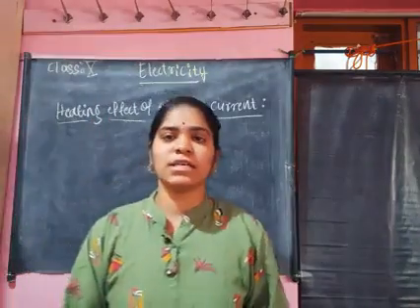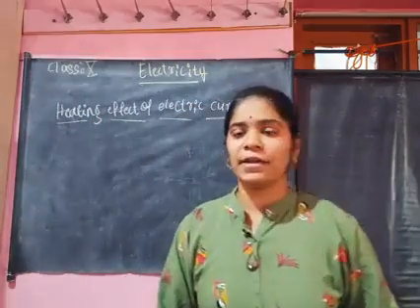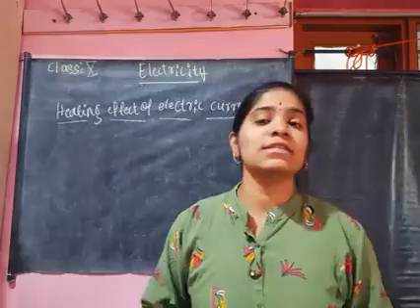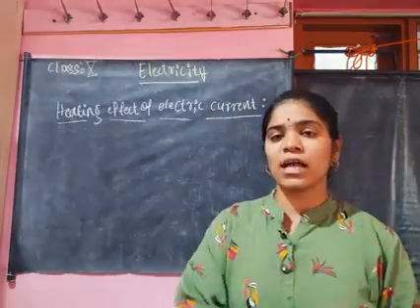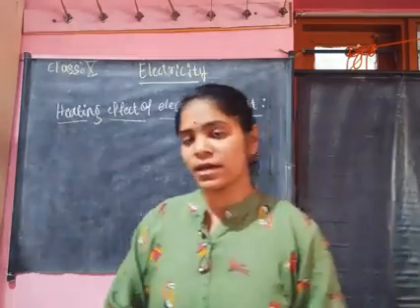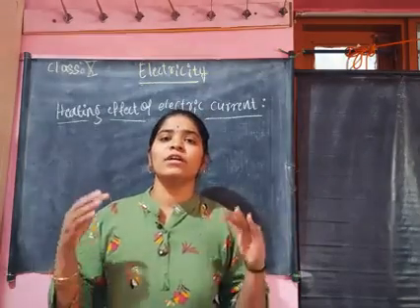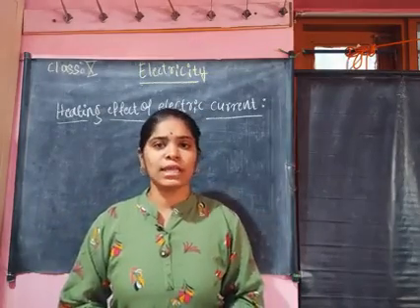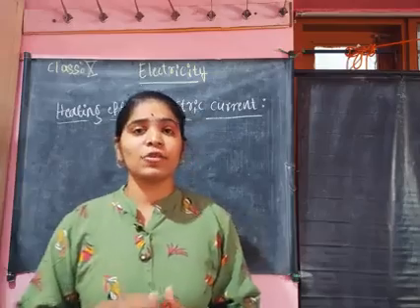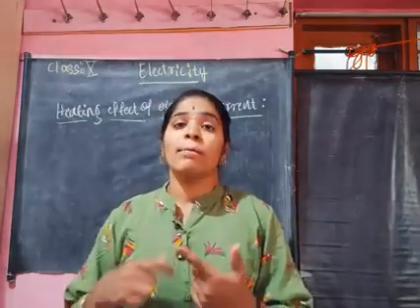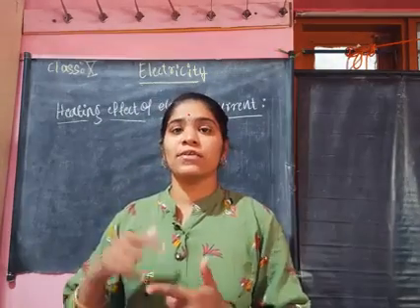So the next is the heating effect of an electric current. So what is this heating effect? As in the previous class on the magnetic effect of an electric current, I told some examples. In our day-to-day life we come across so many examples, like electronic gadgets such as a fan, battery chargers, and your laptops.